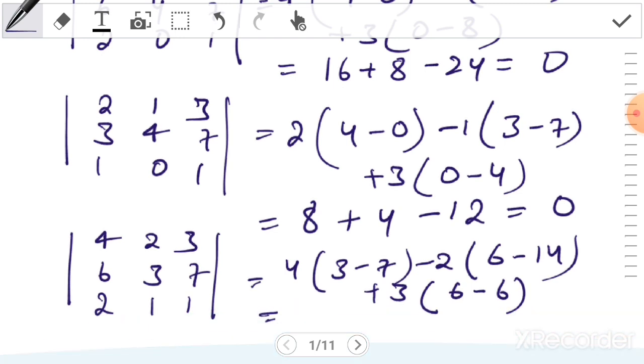So minus 16 and minus 8 minus 2 plus 16, and this is 0. So this is again 0. Since all 3 cross 3 minors are 0, rank cannot be 3.